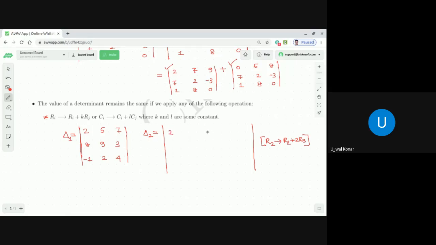So that is 2, 5, 7, and minus 1, 2, 4. This first and third row remain the same. What is the new second row, dear students? It is the old element 8 plus 2 into the corresponding element of R3, that is minus 1. Similarly, here you will get 9 plus 2 into 2. And then what do we get? 3 plus 2 into 4.